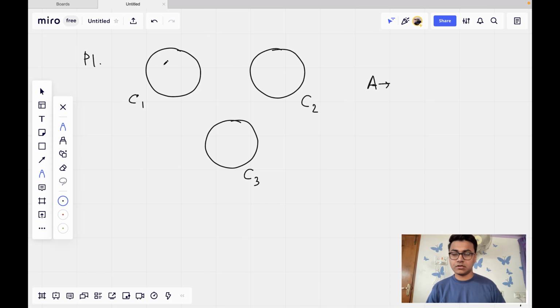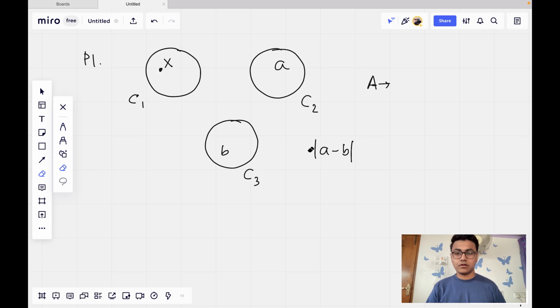So if this is a citizen, say X, and it has some friends from here, say it has a friends from C2 and b friends from C3, then by the difference between the number of friends that X has from the 2 cities, I mean this number, modulus of a minus b.